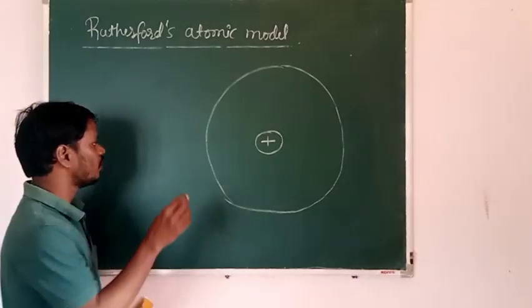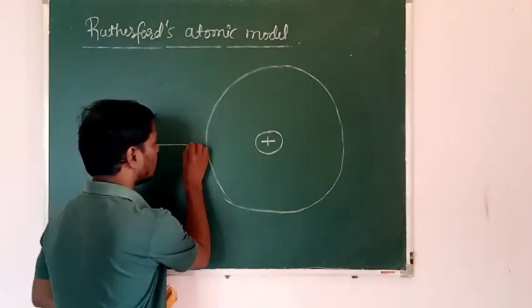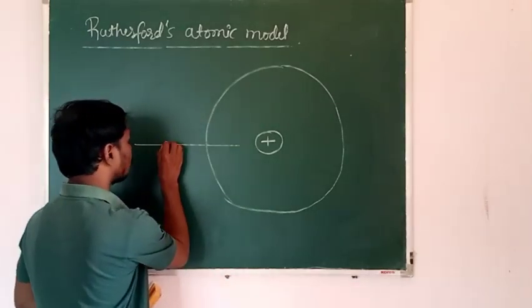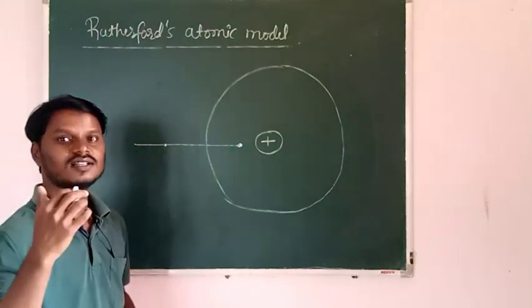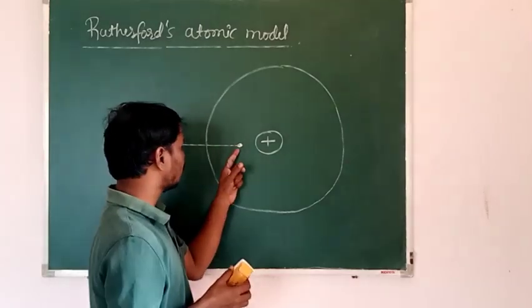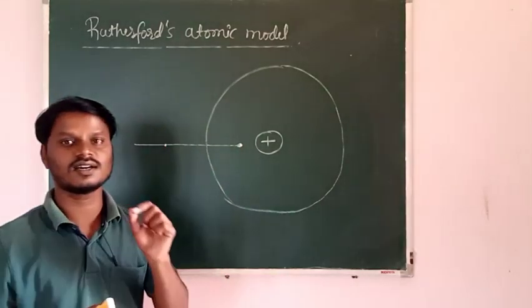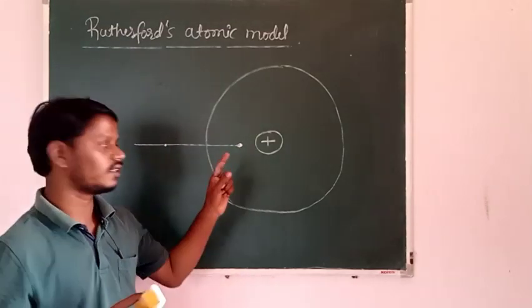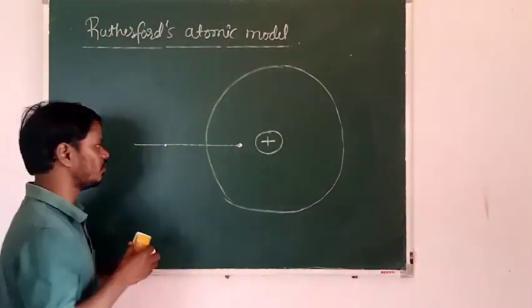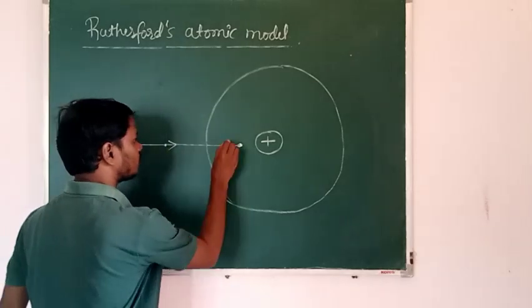When an alpha particle is made to pass through this atom, whenever it comes near the nucleus, it experiences a large repulsive force. When it experiences this large repulsive force, the alpha particle comes to rest and then reverses its direction with an angle of 180 degrees.